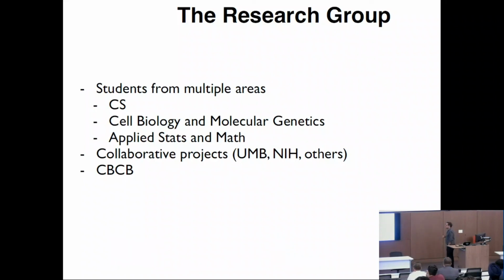So we draw students from multiple areas in CS, cell biology, molecular genetics, applied stats, and math. We sit together often and collaborate with folks at the University of Maryland in Baltimore at the medical school, NIH, and others in CBCB.